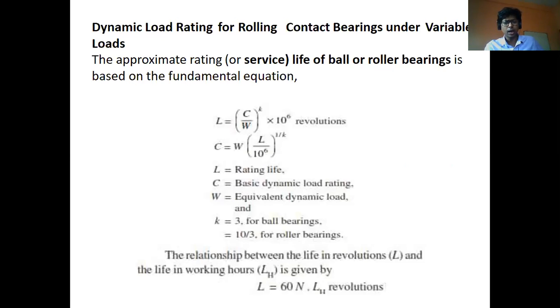W is the equivalent dynamic load. We have to find the equivalent dynamic load. We'll take a problem so that it will be easy for you to understand. So from this equation we can calculate the basic dynamic load capacity factor.